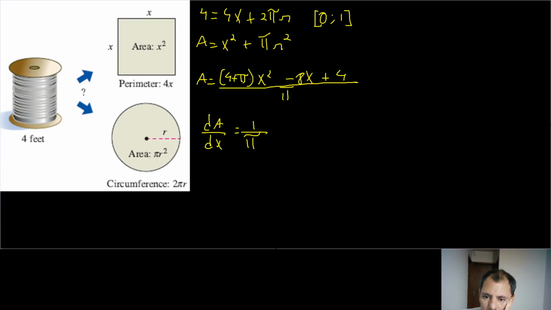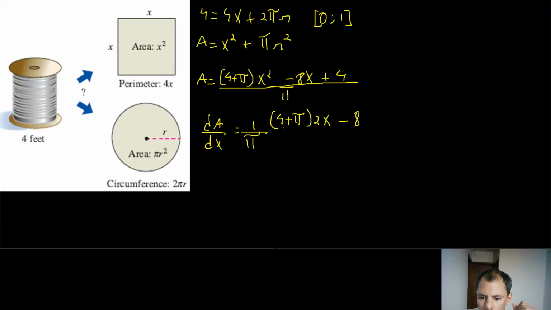You have 2 times this, so it's gonna be 4 plus pi times 2x minus 8, and that 4 just becomes a 0, okay?